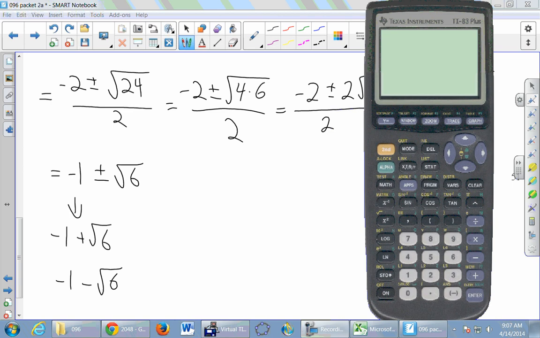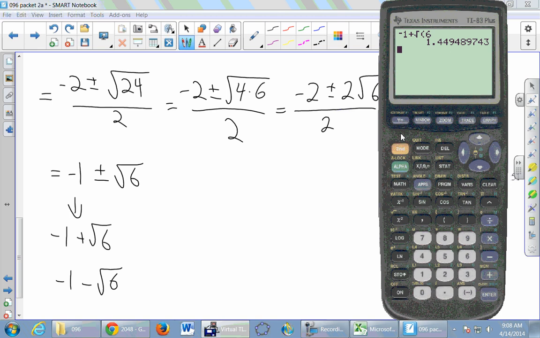And so on the calculator I can type the first one, -1 plus the square root of 6. Oh, there it goes. All right, so 1.449. I think, what did it say to round to at the start of this problem? Nearest hundredth, so what is this? 1.45, so that's this first one.